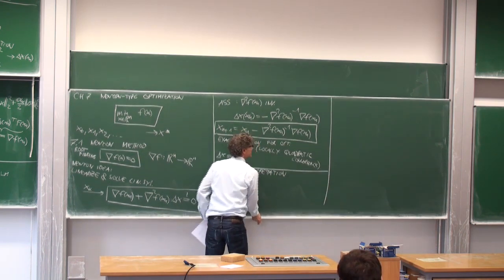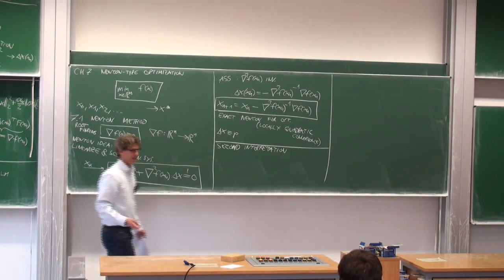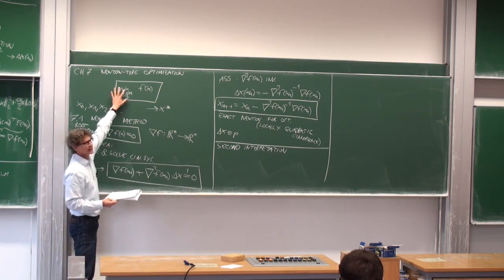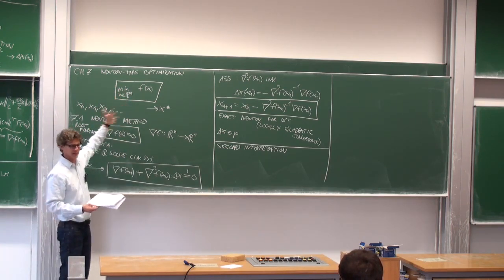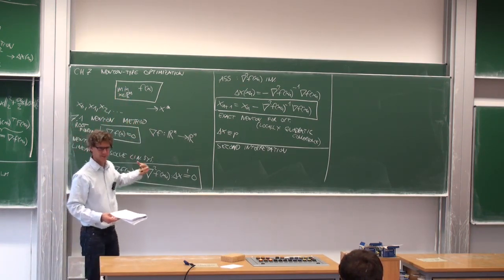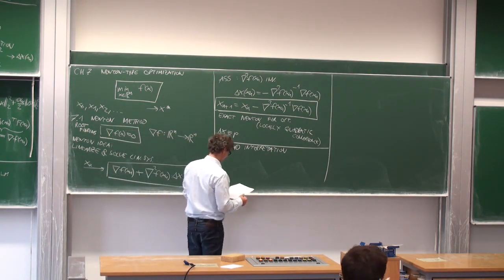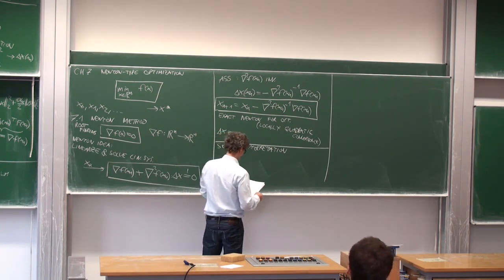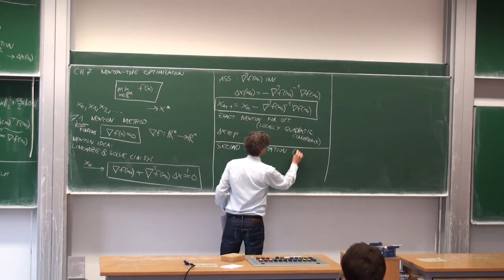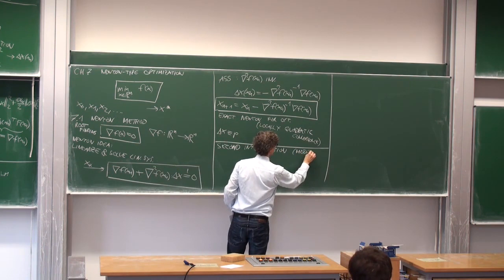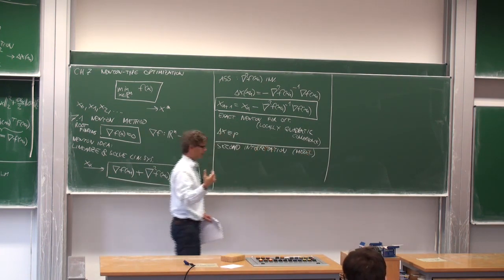And this second interpretation is directly looking at this problem and saying, let's make some approximation which we can easier solve, and then if we solve this approximation, we get hopefully a better step. And this second interpretation uses actually a model. It's, so to say, a model interpretation, where we make a quadratic model of our objective.